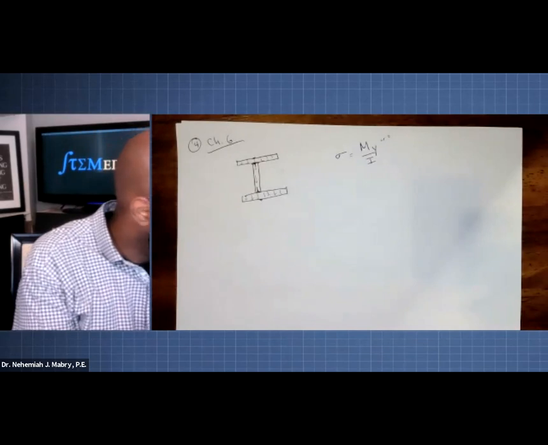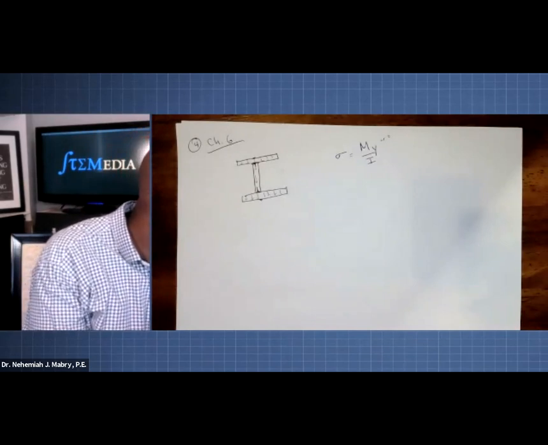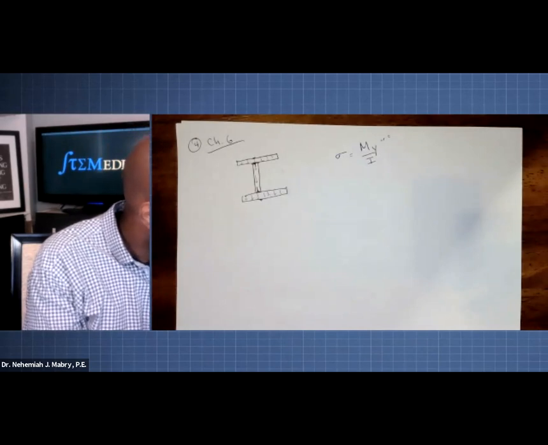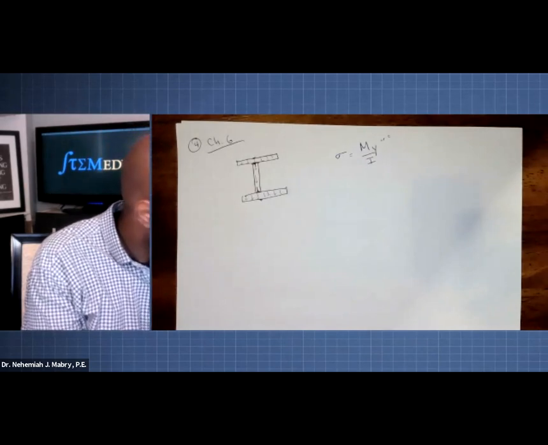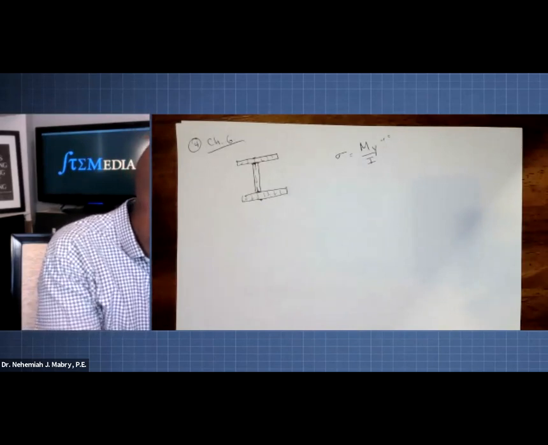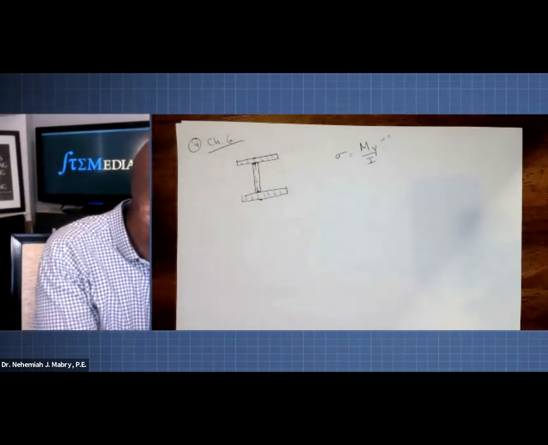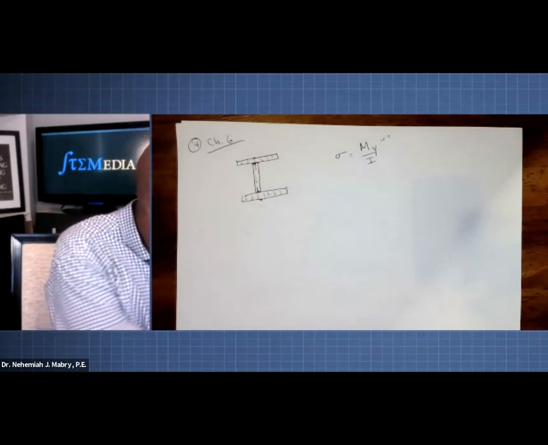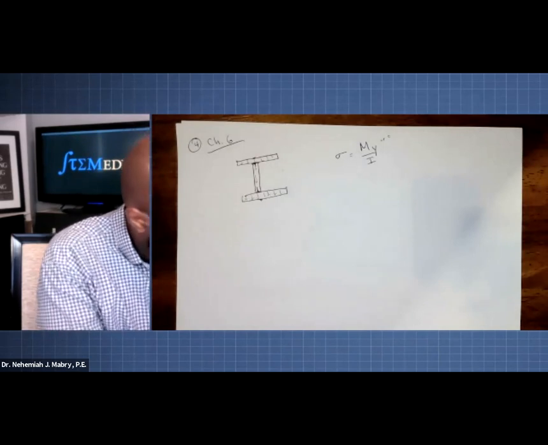You also want to remember, let me make sure I write this particular equation correctly, the fastener equation.